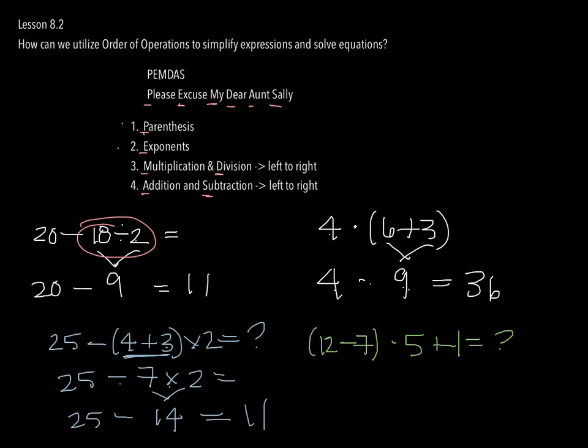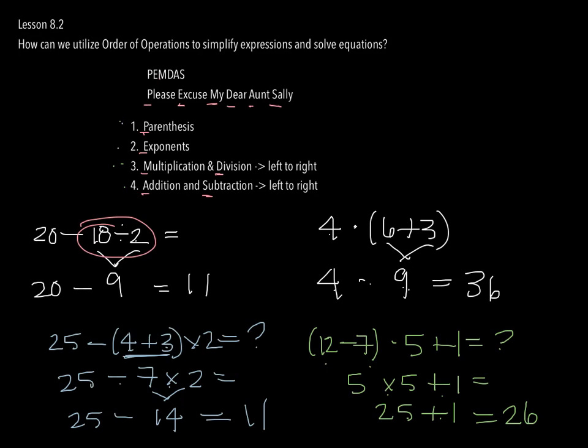We start with parentheses, that's this right here. 12 less 7 is 5, so now we have 5 times 5 plus 1. What's next? Multiplication and addition. Multiplication and division come before addition and subtraction, so we multiply first. 5 times 5 is 25, plus 1. 25 plus 1 is equal to 26.